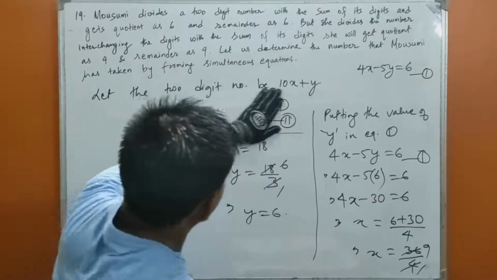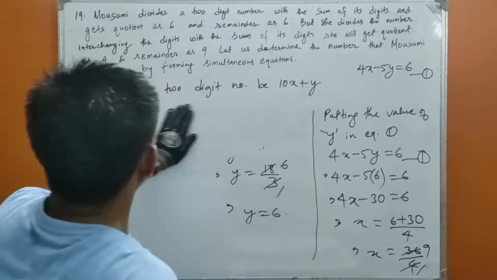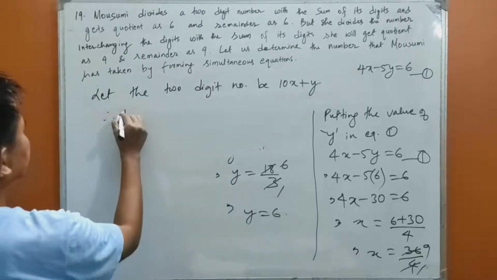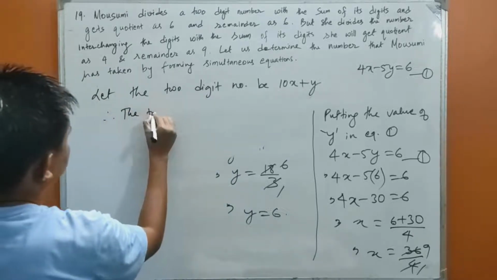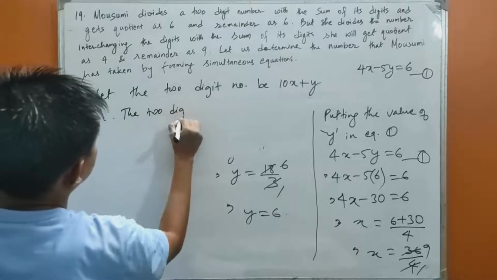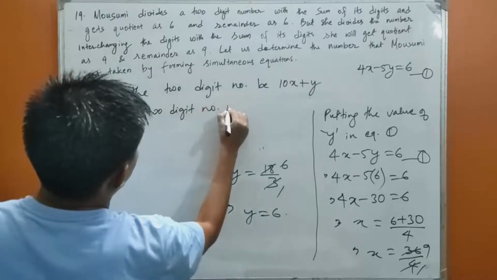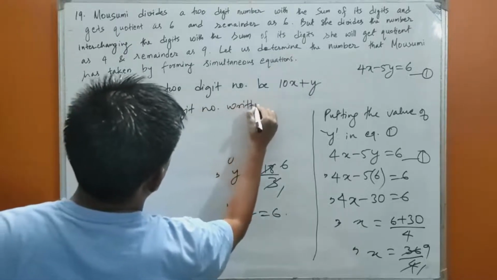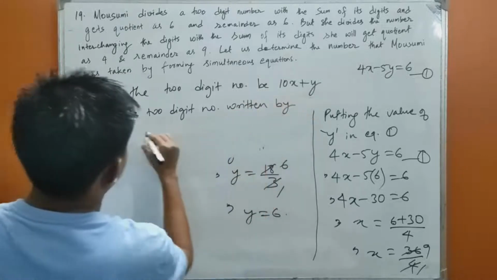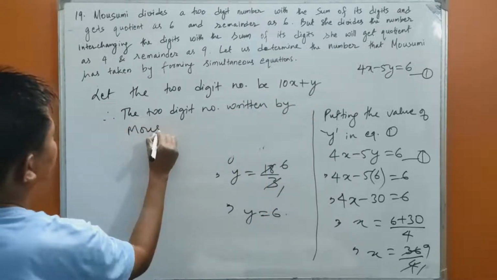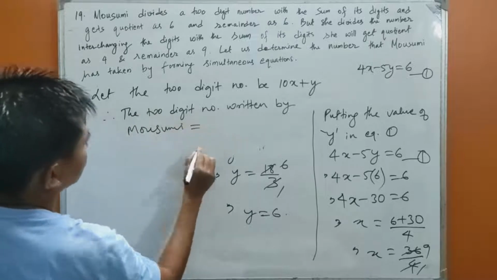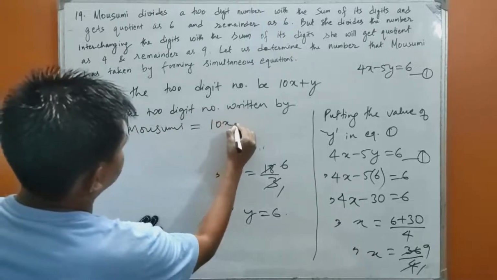I'm erasing this. Okay, now, therefore, the two-digit number written by Mousami equals 10x plus y, isn't it?